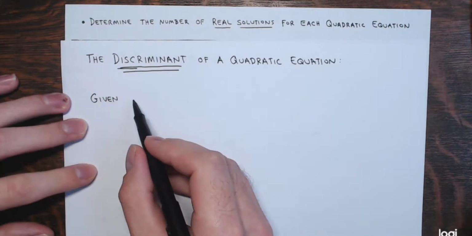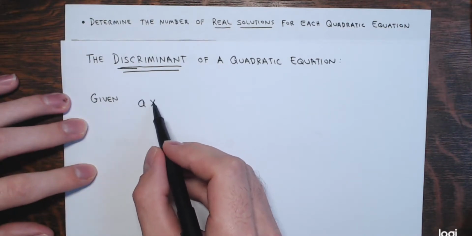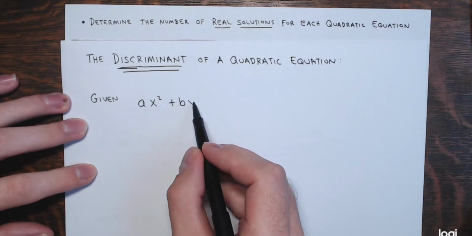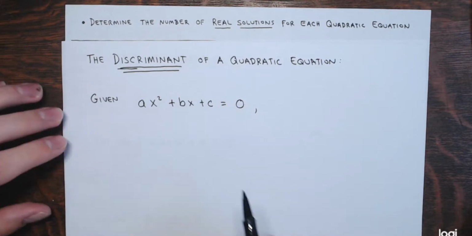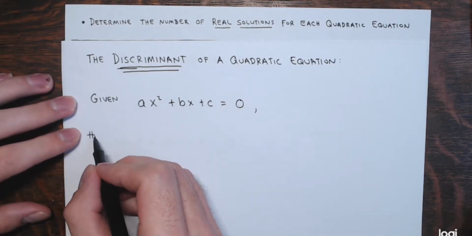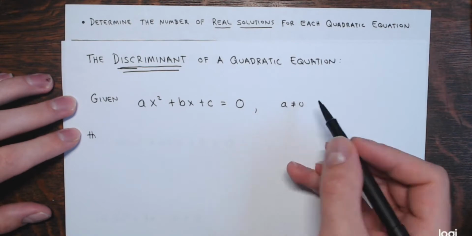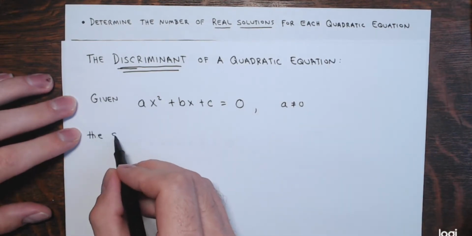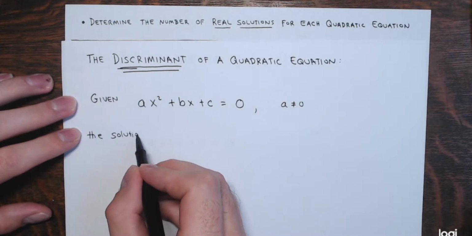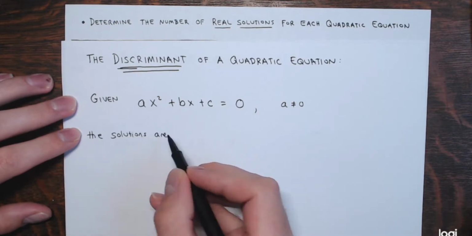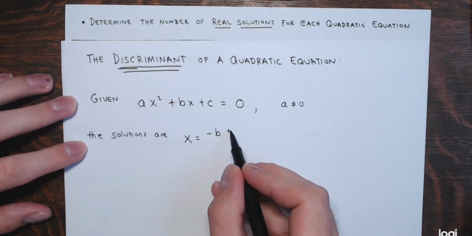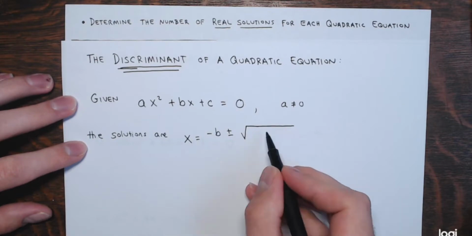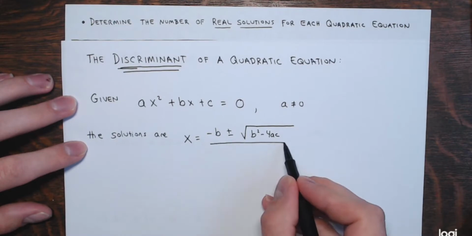Given the equation ax squared plus bx plus c equals 0, with a non-zero, the solutions are the following. x equals the opposite of b plus or minus the square root of b squared minus 4ac, and then all that divided by 2a.